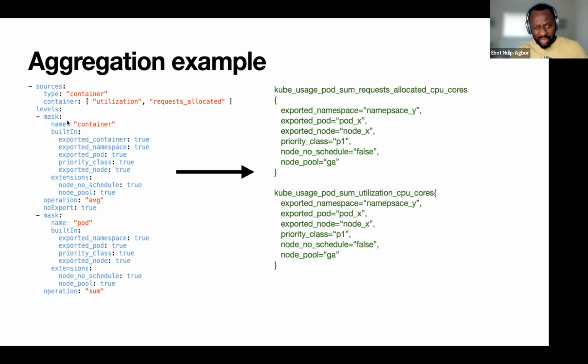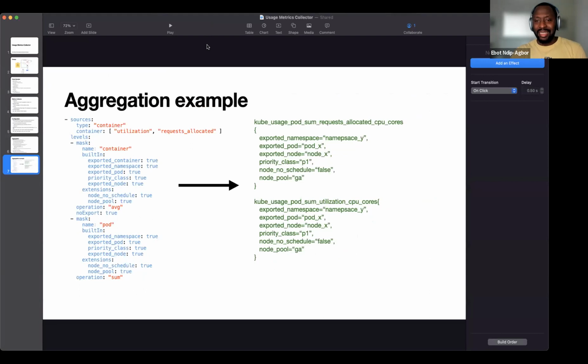Then this pod name is the mask name I had here, so just say pod, and this is the operation I use, so sum, and this is the actual source itself, so request allocated, and this is the resource I'm measuring, so that'll be CPU cores. And those are the labels that are pulled from the built-in labels and the extension labels. The same thing for utilization as well. And that's it. Any questions?